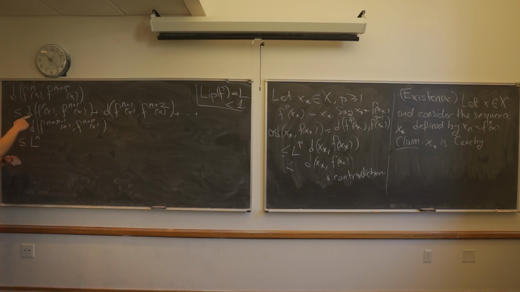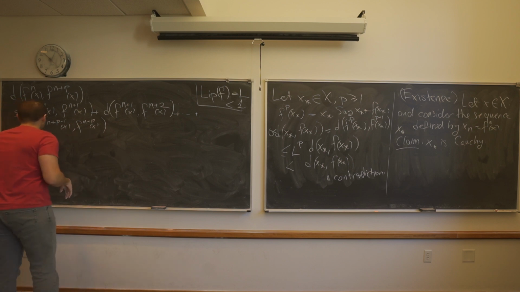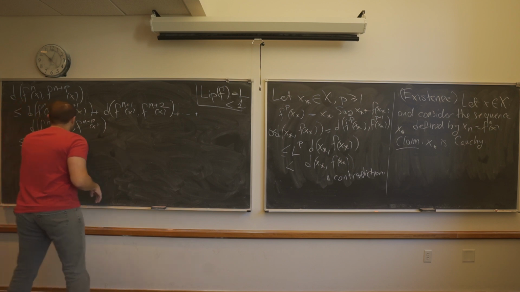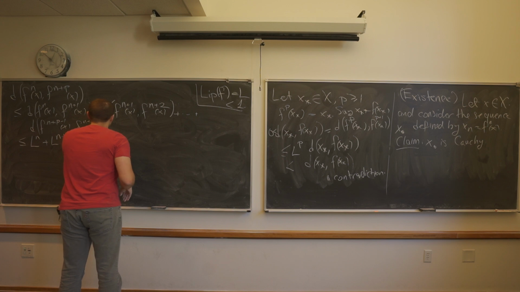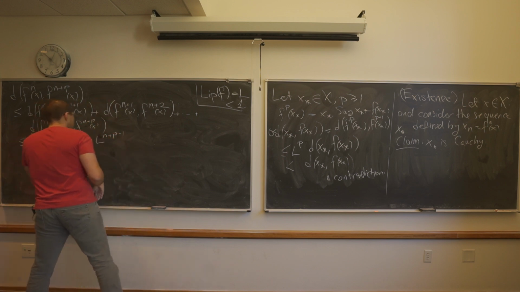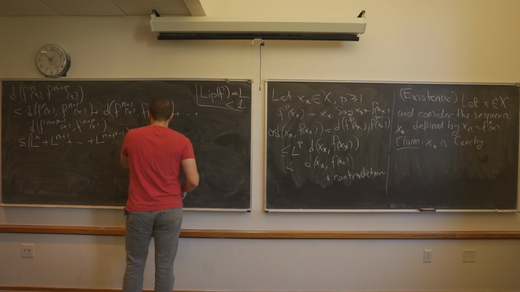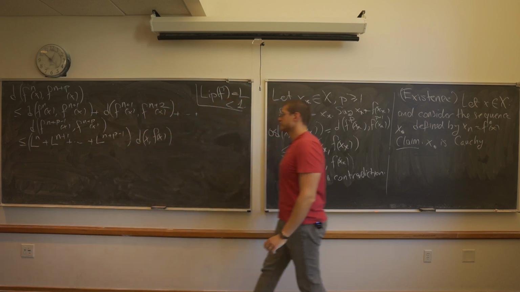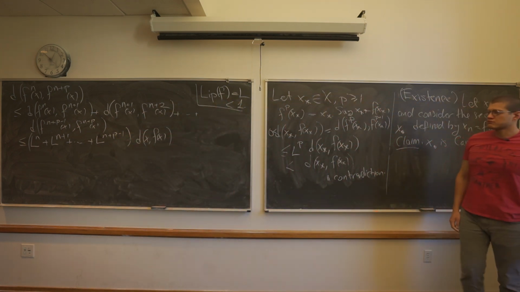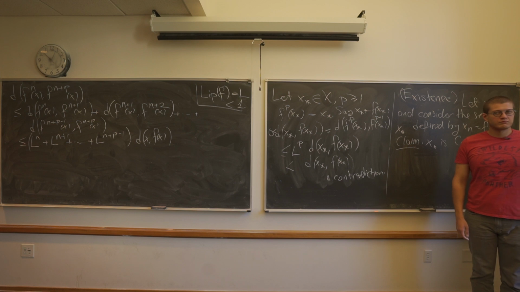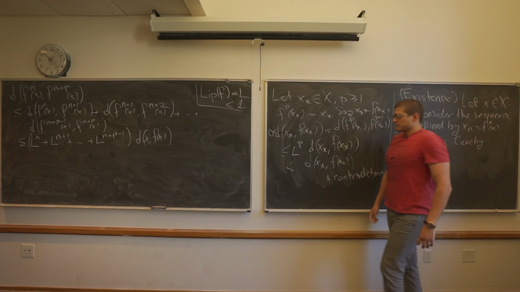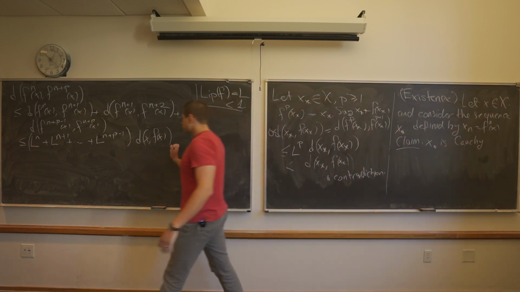From here, I'm going to have L to the n plus p minus 1. And then I'm going to have a factor. Okay? I just did what your colleague suggested.